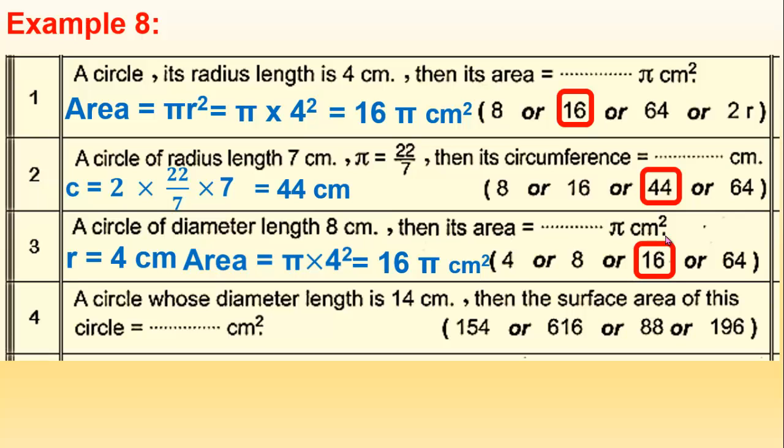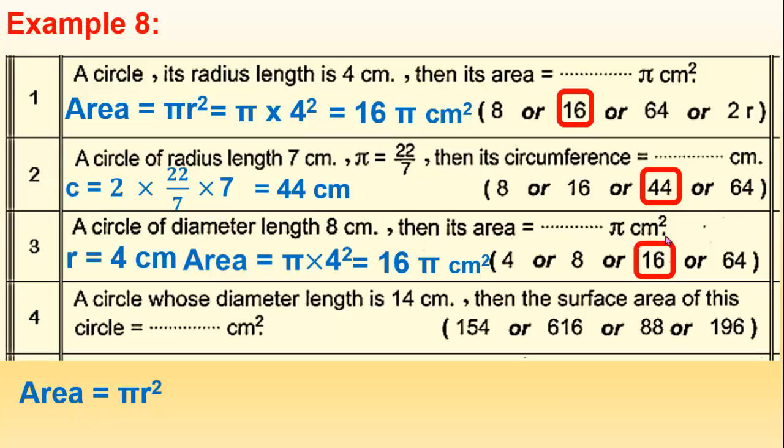A circle whose diameter length is 14 centimeters. Then the surface area of this circle equals blank centimeters squared. I know that the rule for the area is equal to pi r squared. But I was not given here the radius, I was given the diameter.